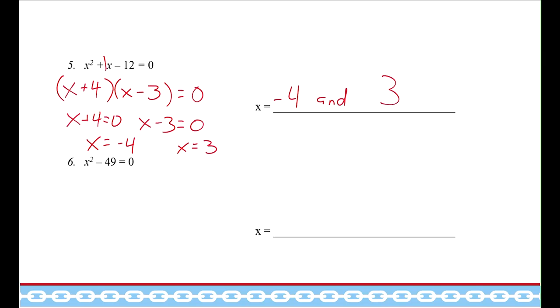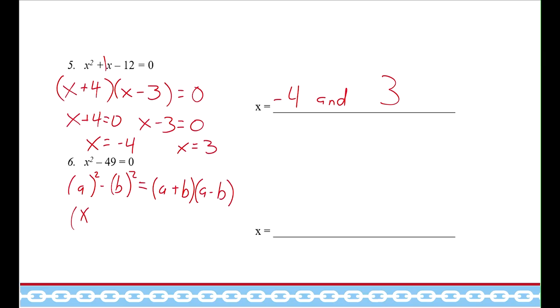For number 6, we could go with the difference of squares. That is the concept of a squared minus b squared equals 0, and that would tell us that we can factor that into a plus b times a minus b.